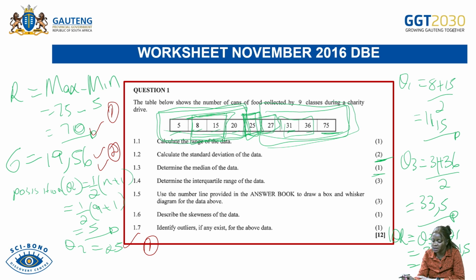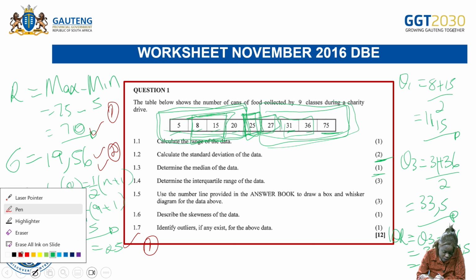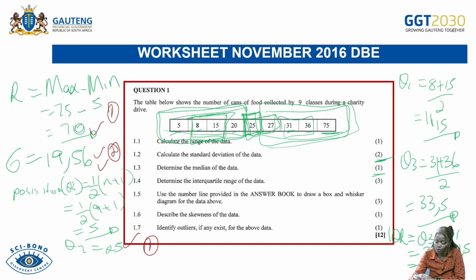So it means your IQR, it is given as 22. You have 3 marks there. You are going to be awarded 3 marks. So you'll get 1 mark for getting your Q1, and then 1 mark for getting your Q3, and then 1 mark for getting your IQR, and in total there is going to be 3 marks.